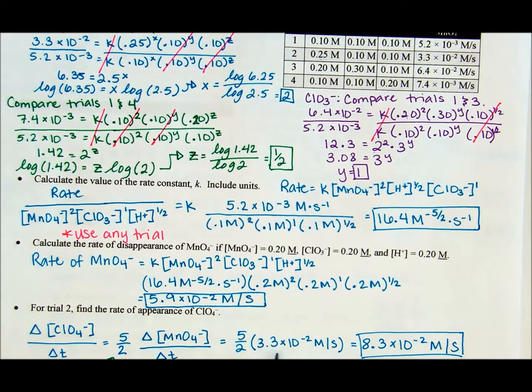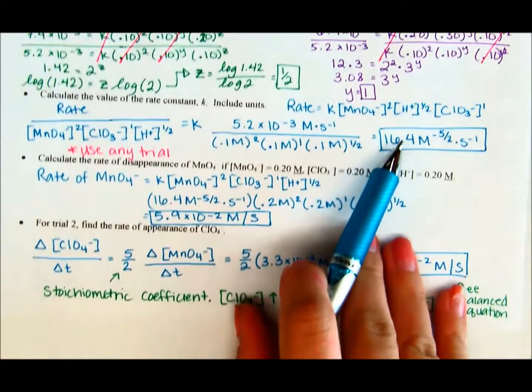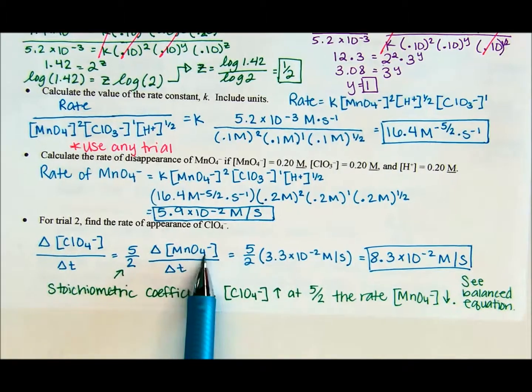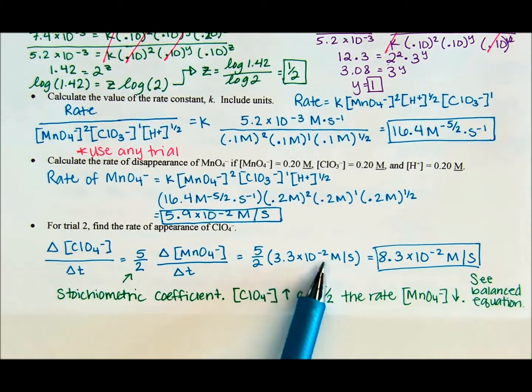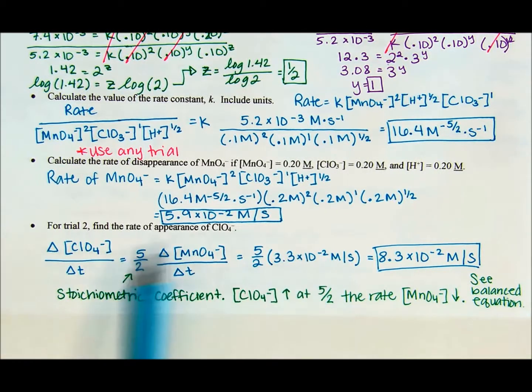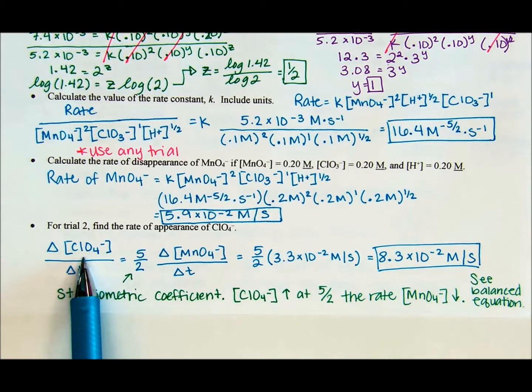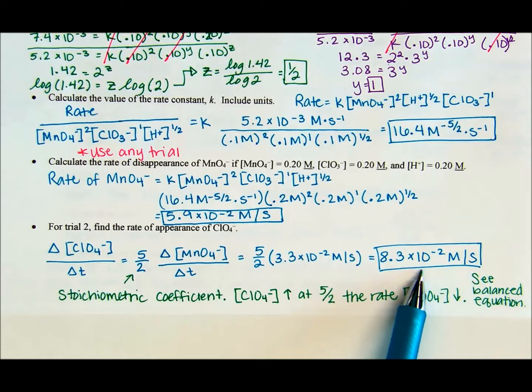So if the rate of MnO4 getting used up is 3.3 times 10 to the negative 2, the rate of appearance of that product that it's turning into, ClO4 minus, is 8.3 times 10 to the negative 2. Okay, that is the end of video 2.1.2, and that's the end of lesson 2.1 on rates and rate laws.